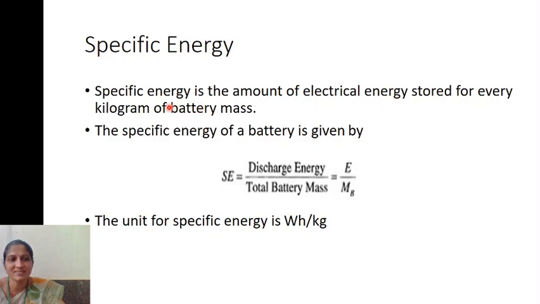That is specific energy. It is given by the formula discharge energy divided by total battery mass, and the units of specific energy are Wh per kg, that is watt hour divided by kilogram.